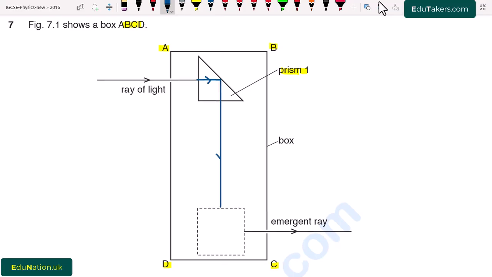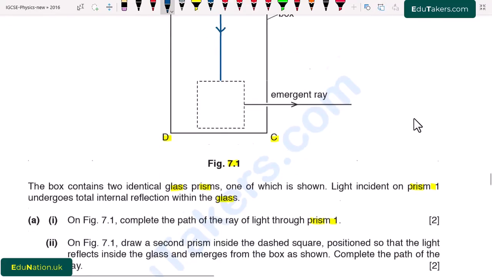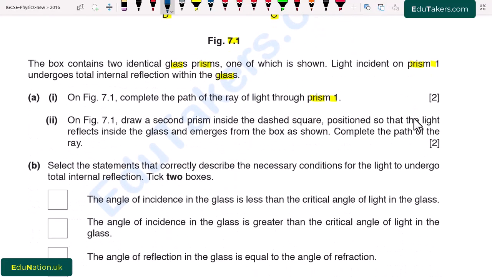This ray shows that there is total internal reflection. Next, part 2. On figure 7.1, draw a second prism inside the dashed sphere, positioned so that the light reflects inside the glass and emerges from the box as shown. Complete the path of the ray.